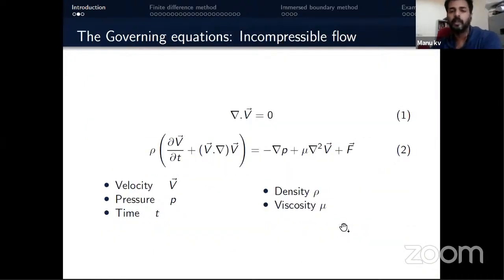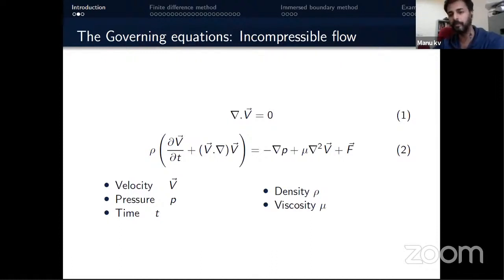The equations I am using are the incompressible Navier-Stokes equations. Of course, IBM can easily be applied to compressible flows as well, but my area of interest is incompressible flow.